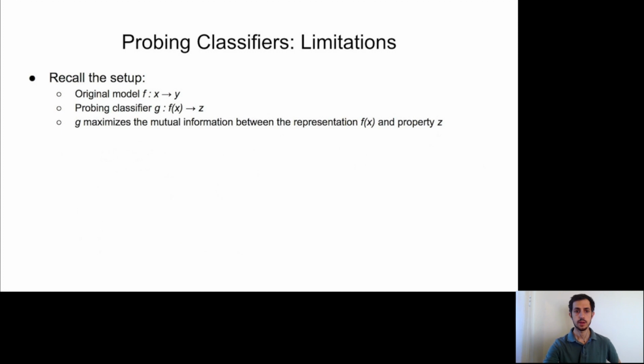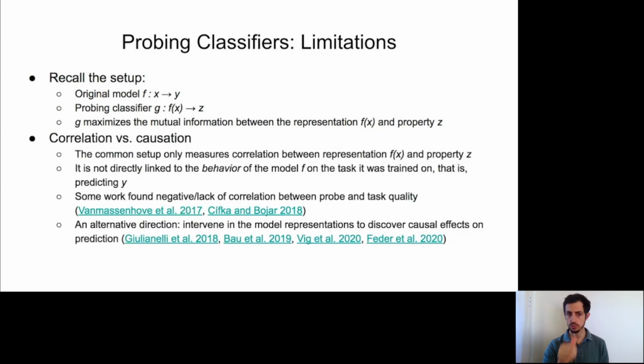Okay, so this ends the limitations about the information theoretical perspectives on probing classifiers. Next, we'll look at the question of causation. Again, let's recall the setup. We have a model F and a classifier G. Now, the common setup actually measures some correlation between a representation F and a property Z. We call that the mutual information.